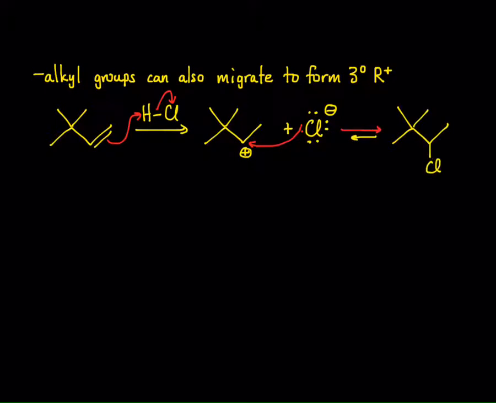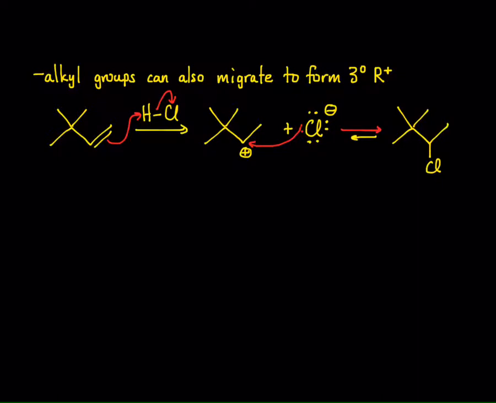But now, based on our knowledge of what we understand about carbocations and their stability, I have to look at the beta carbons. And I see that the beta carbon on the right, if it moved any hydride, I get a primary carbocation. That's not going to happen. But the beta carbon on the left has 3 methyl groups.